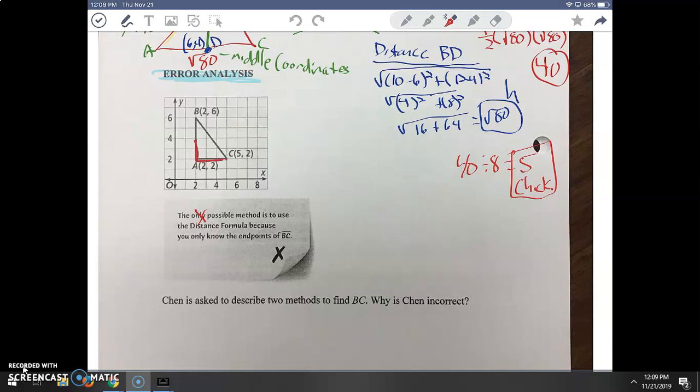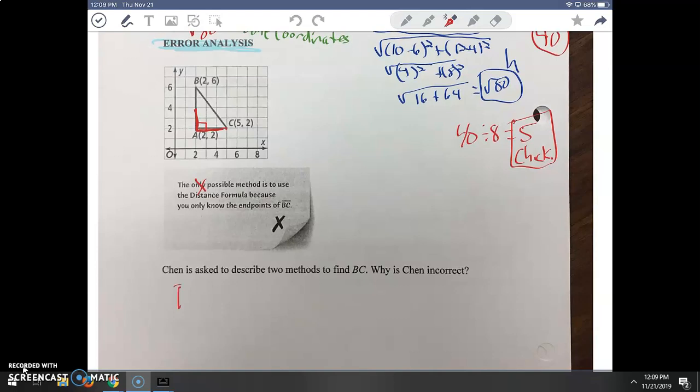You have a right triangle, you have that box there. So if you have a right triangle, you can always use the Pythagorean theorem.